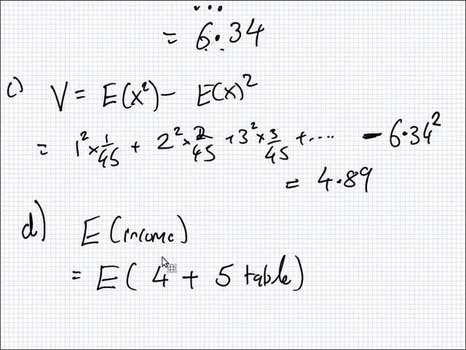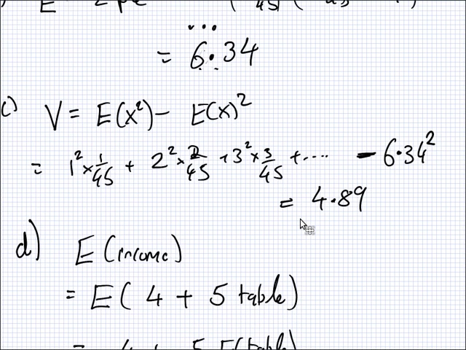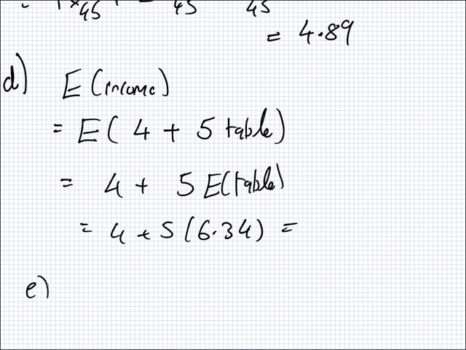Now, the reason I have this is because I want you to remember this is the same as 4 plus 5 times the expected number of tables she'll serve. What's the expected number of tables she'll serve? 6.34. So that's $4 plus 5 times 6.34. So what's that? $35.7. So about $35, yeah?